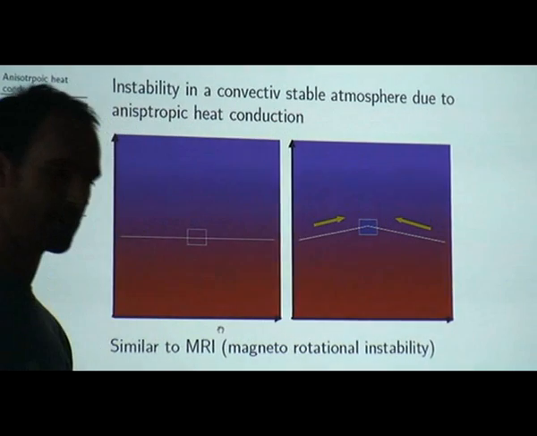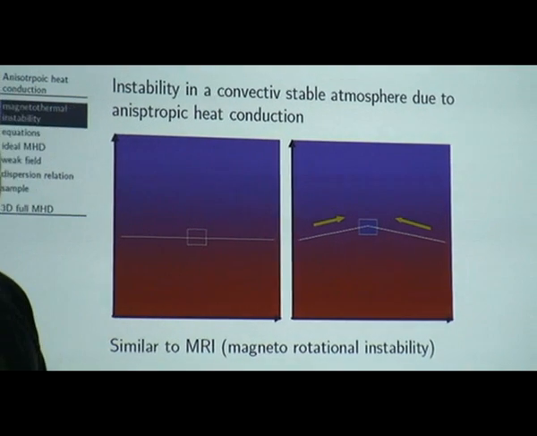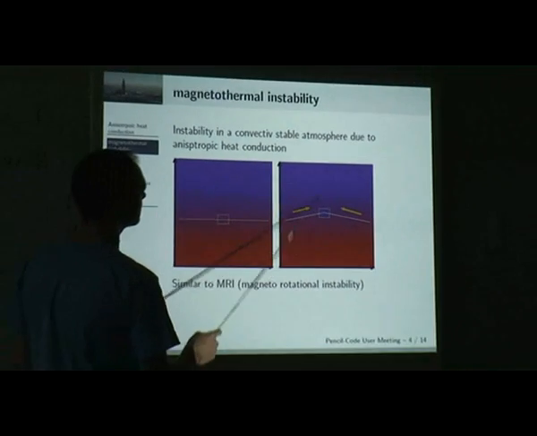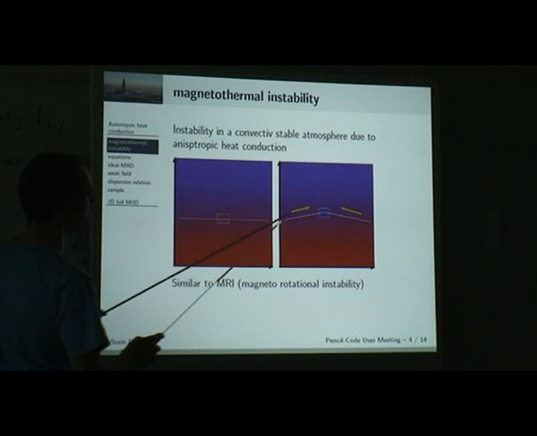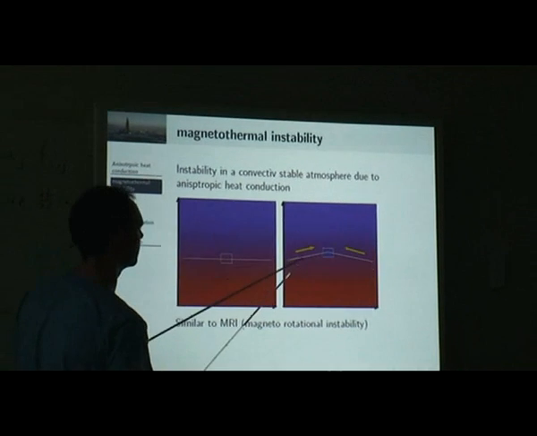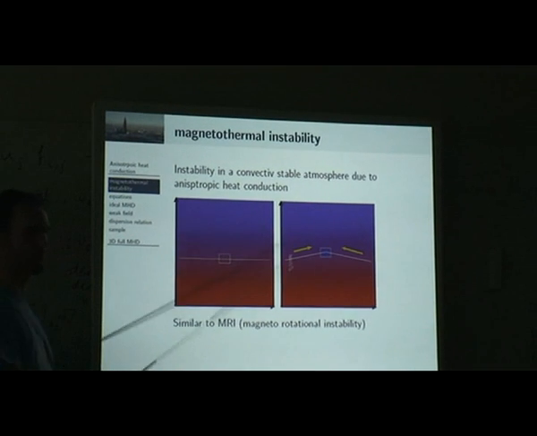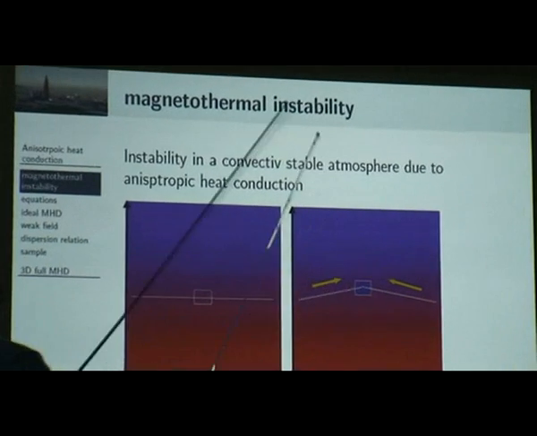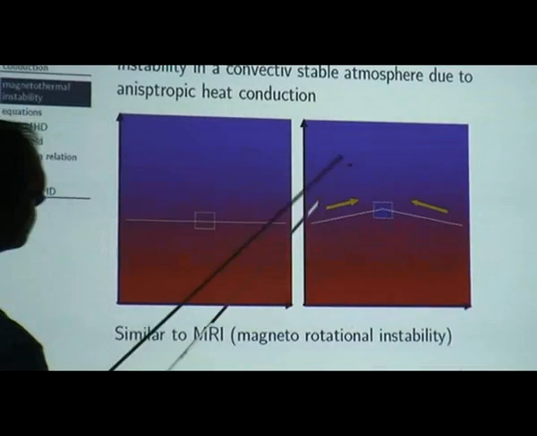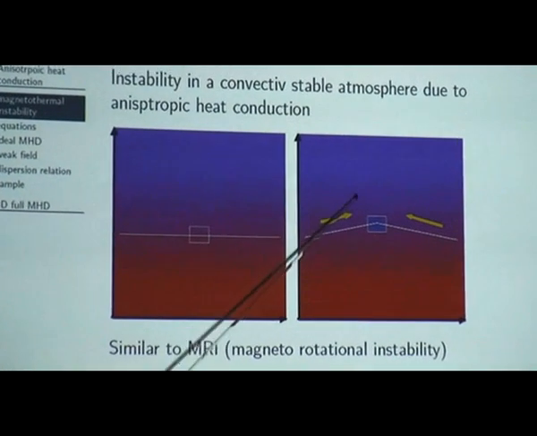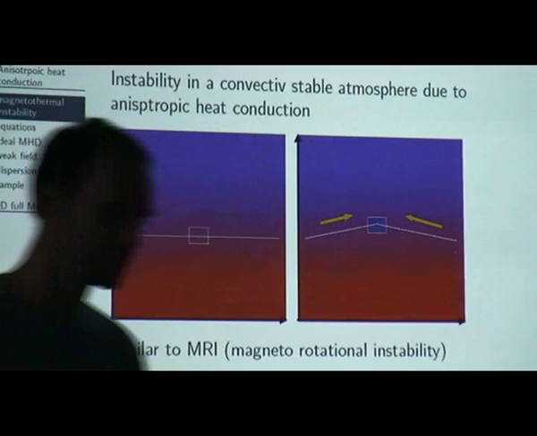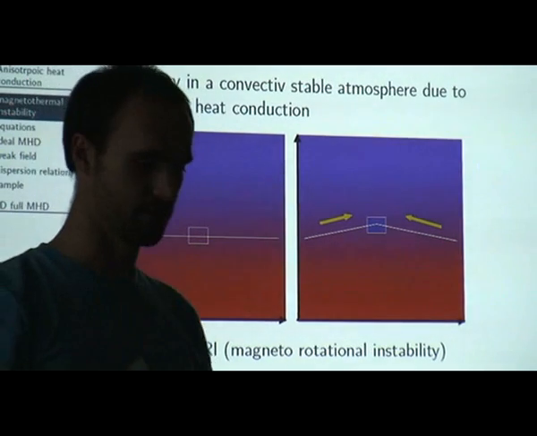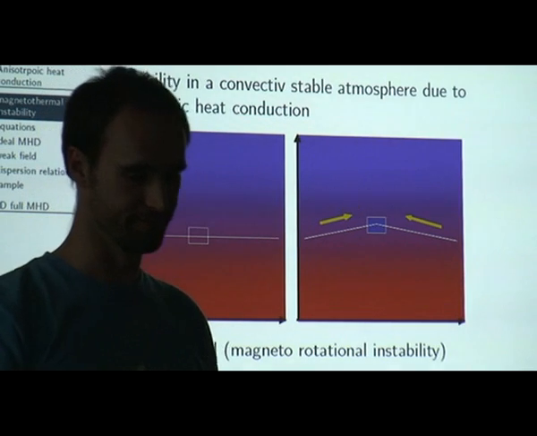If you now add a magnetic field and you have anisotropic heat transport, the rising part of the atmosphere will be fed by energy from the hotter lower part, so that this part will be heated up and can rise more. The more it rises, the more the gradient of the magnetic field lines changes, and the more heat can flow into this part, and it will rise exponentially, so we have the instability going on.